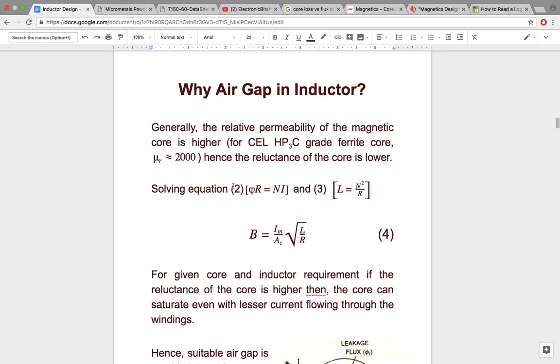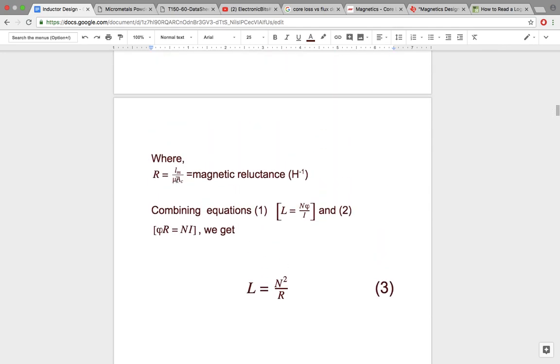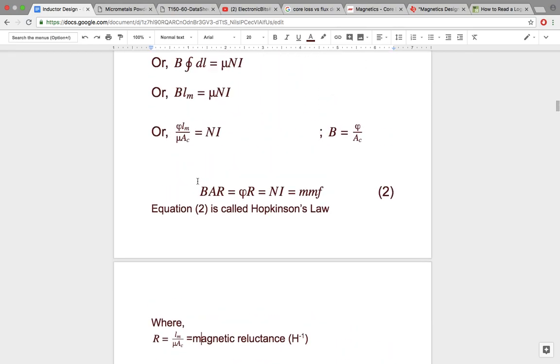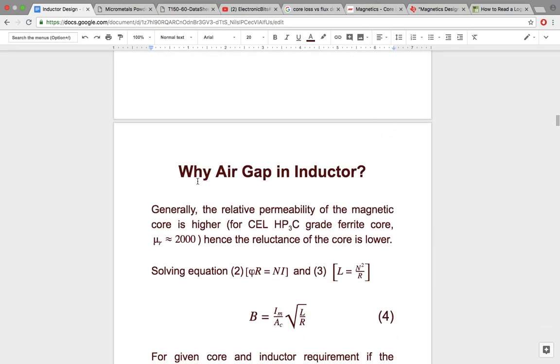So what is the need of an air gap in the inductor? If you see the reluctance formula, mu is in the denominator, so reluctance and mu are inversely proportional. If it is a magnetic material, there will be some relative permeability, that is mu r.